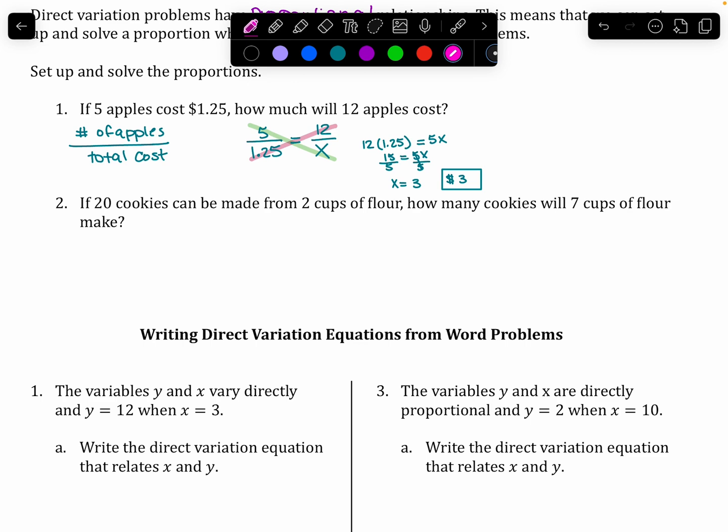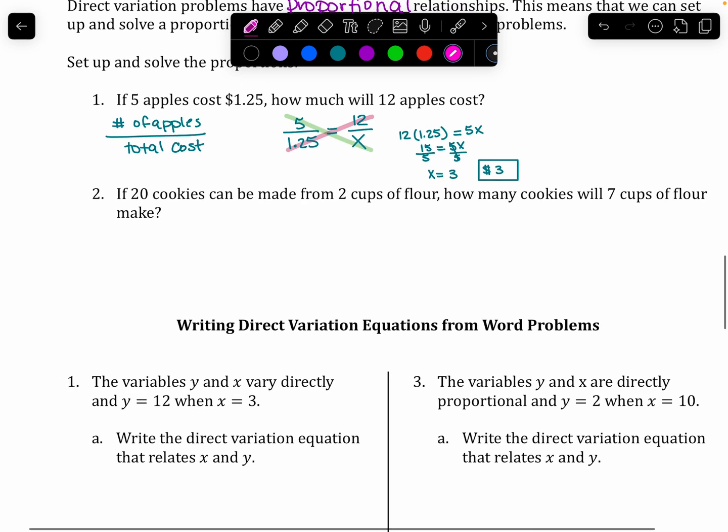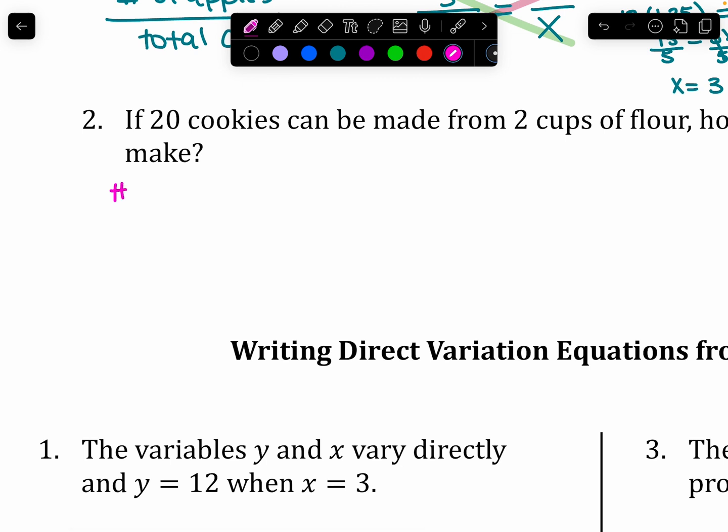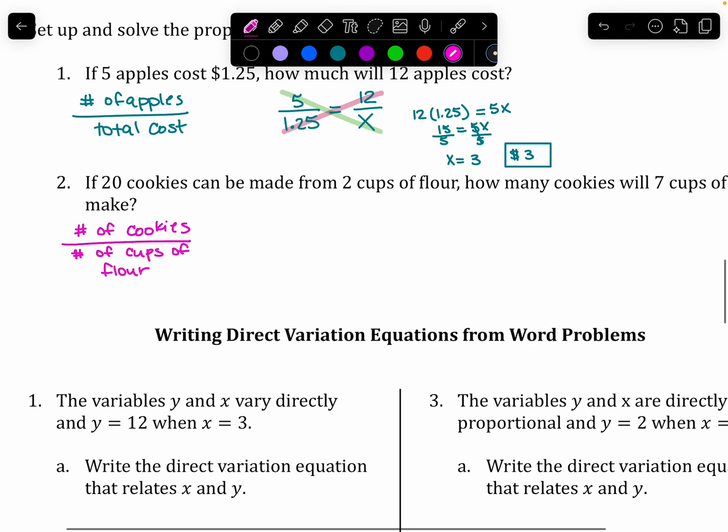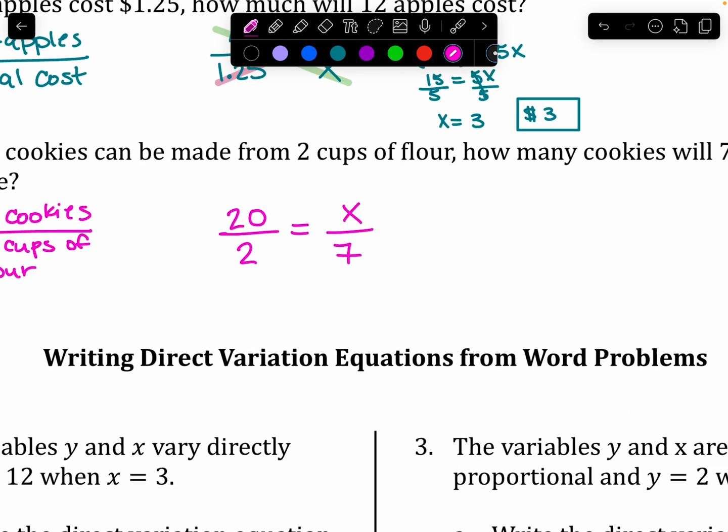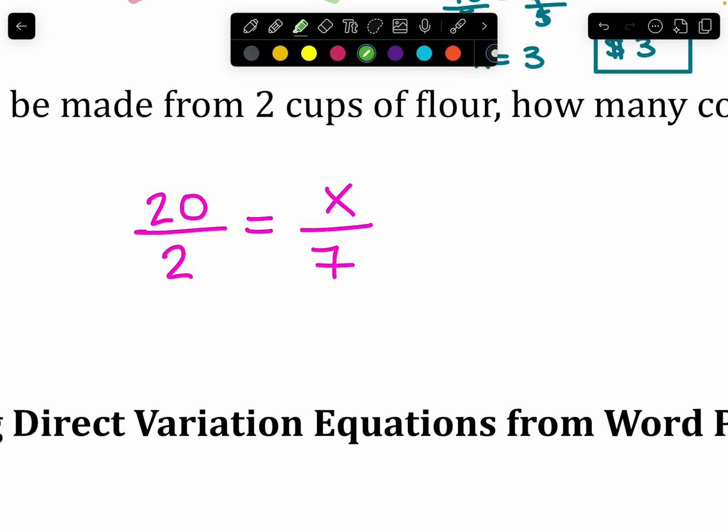My second problem says if 20 cookies can be made from 2 cups of flour, how many cookies will 7 cups of flour make? So again, we have to choose, what do we want on top? I'm going to put the number of cookies on top, and that is going to be over number of cups of flour. Okay, so if 20 cookies can be made from 2 cups of flour, how many cookies will 7 cups of flour make?